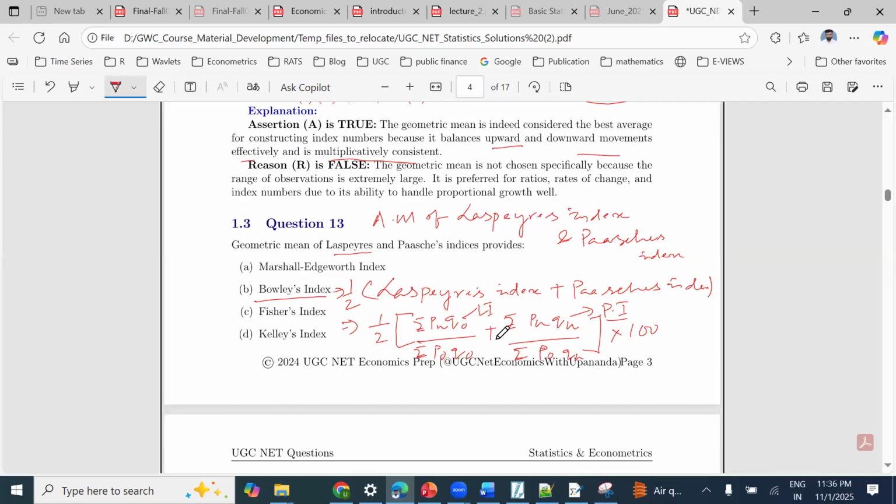Okay, so I gave you an idea about Bowley's index. Then what is next? Fisher's ideal index. Already we know it, right? Marshall Edgeworth already I told you, Bowley's index already I told you, Fisher's you know it, right? So how will you write Fisher's ideal index, the geometric mean?